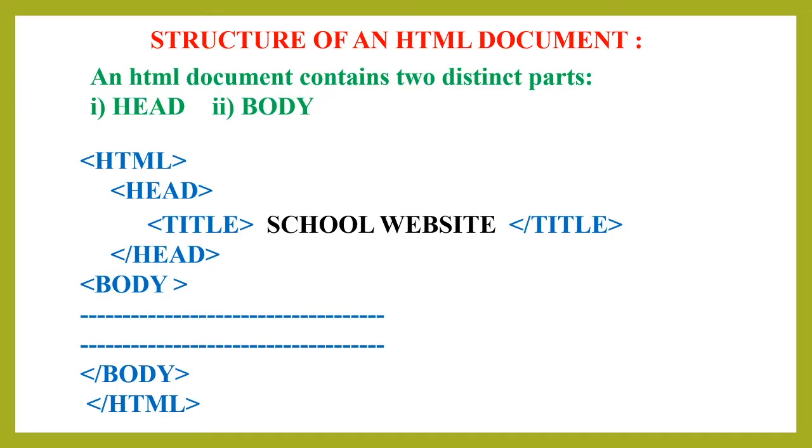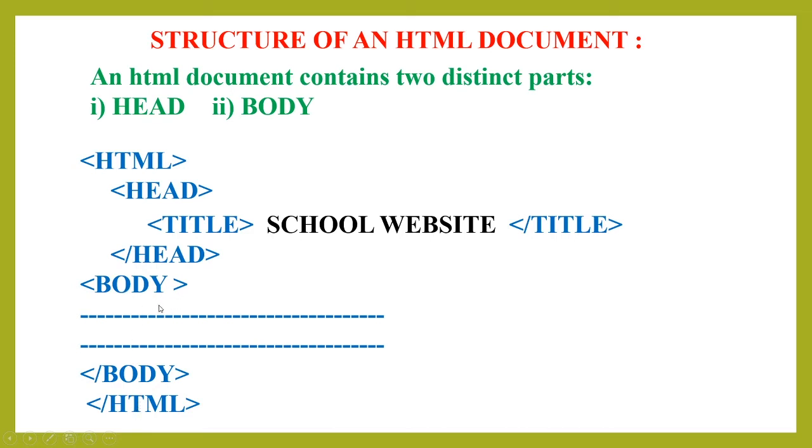Now this is the basic structure of an HTML document. If you look at the slide, you can see that an HTML document consists of two distinct parts, that is head and body. Each and every HTML document starts with the HTML tag and ends with the HTML tag.